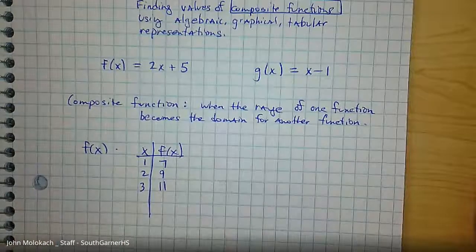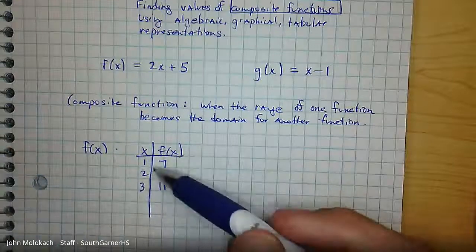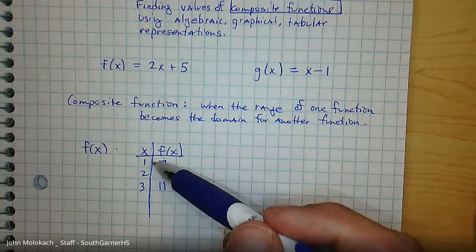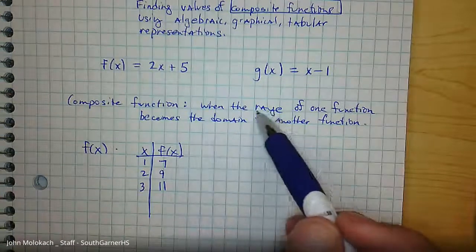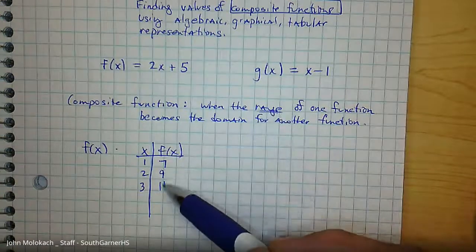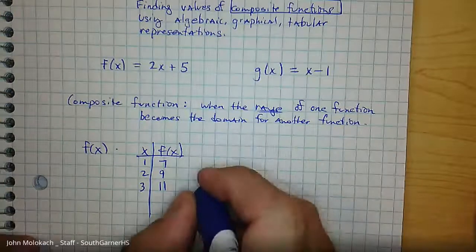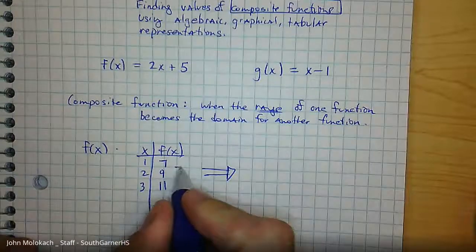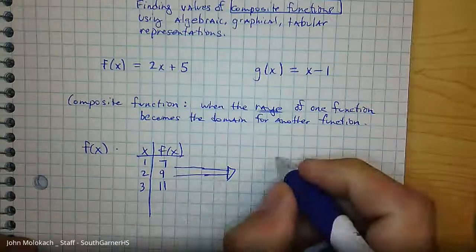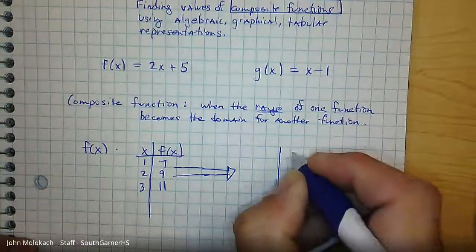Okay. So obviously, the domain values from this table of values, the set of values in the domain are 1, 2, and 3. The set of values in the range are 7, 9, and 11. So what a composite function would do is take this set of numbers and make them the new x's for the g function.